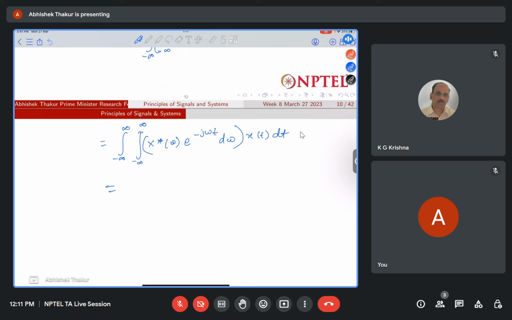Now we multiply with 1 by 2 pi and divide also by 1 by 2 pi, so we get the inverse Fourier transform here.